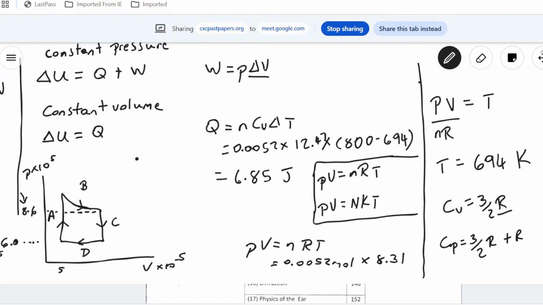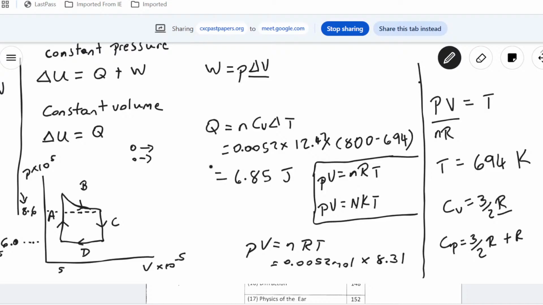All right. So if the gas is doing work, that means it's going to cause the thing to expand. If the gas is doing work, we're going to have expansion. If we are compressing the gas, we're doing work on the gas. So we're doing work on the gas, because it's getting smaller.